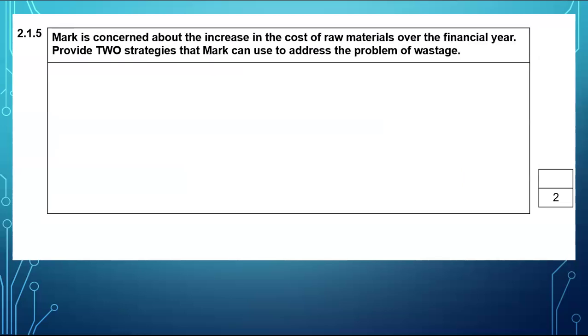Now, for 2.1.5, Mark is concerned about the increase in the cost of raw materials over the financial year. Provide two strategies that Mark can use to address the problem of wastage.